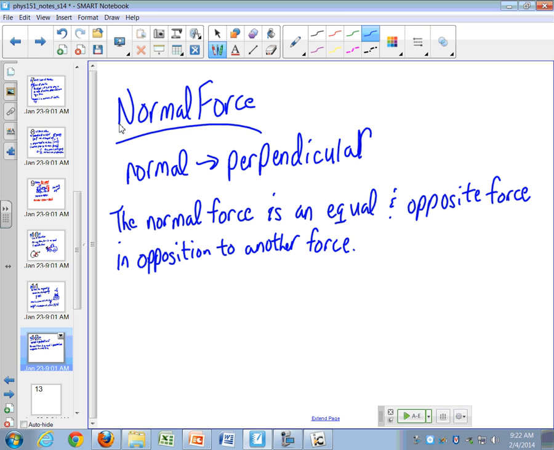As Kiyosha said, it's perpendicular. It is always perpendicular to the surface.